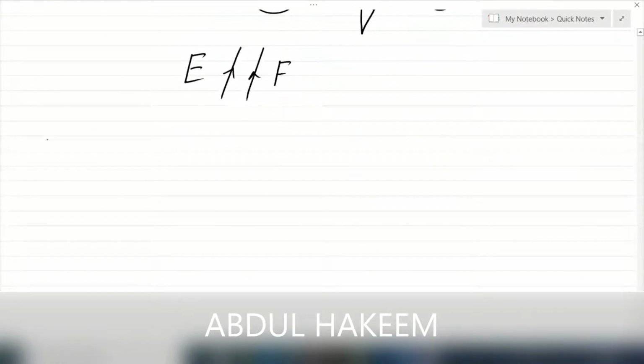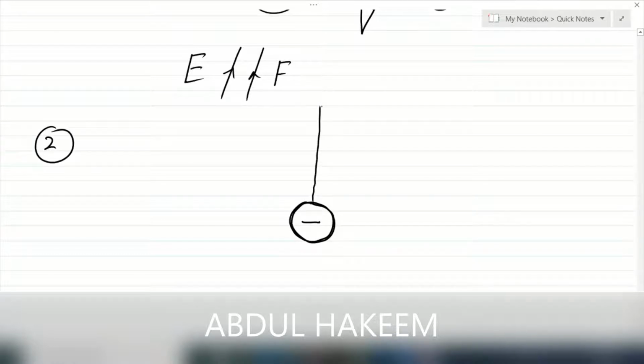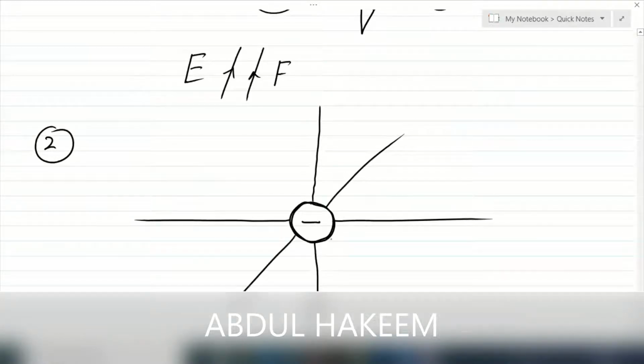Now, second, the electric field that is due to the negative isolated charge. Same, at least we have to draw 6 straight lines equally spaced at the surface of the charged sphere, and they must appear almost perpendicular to the surface.